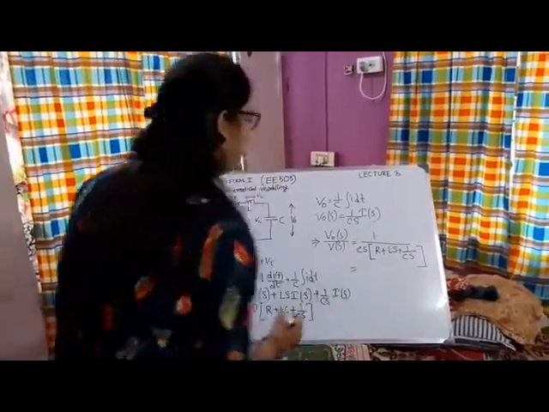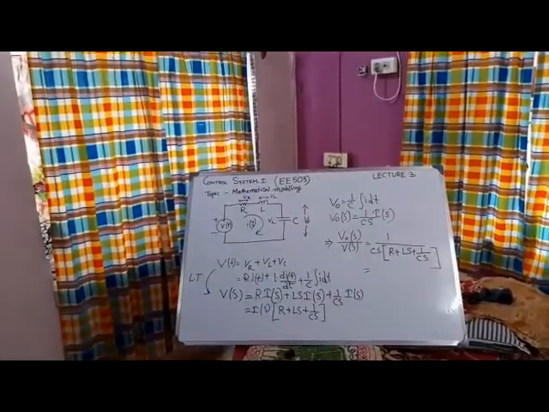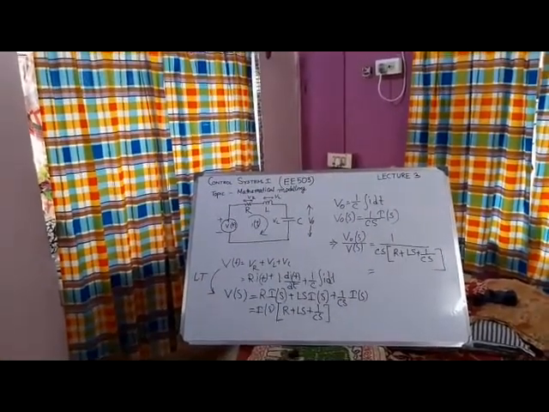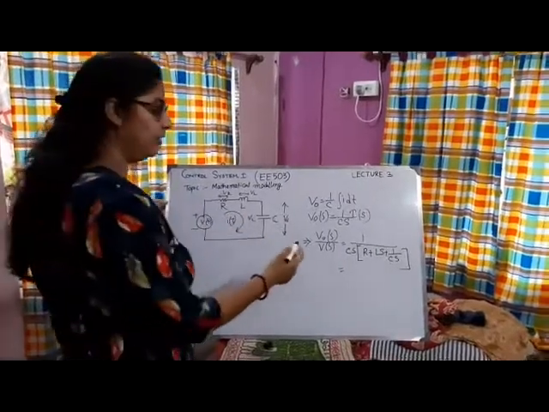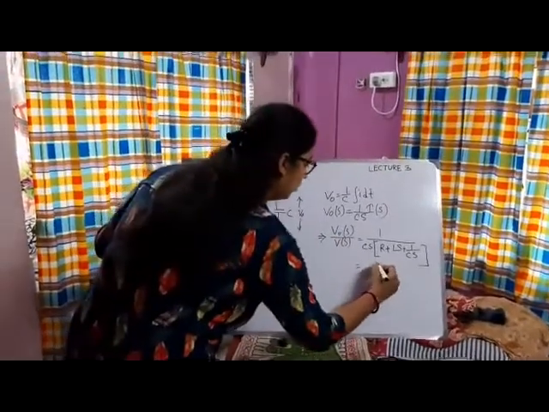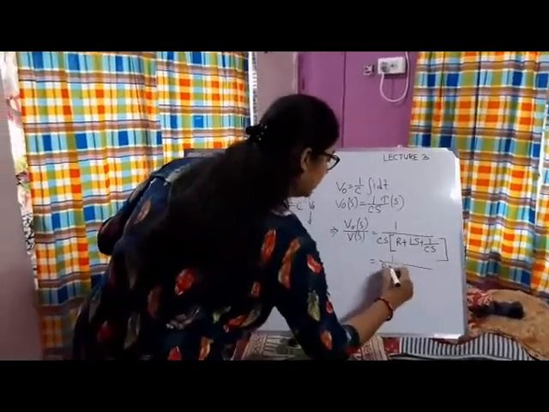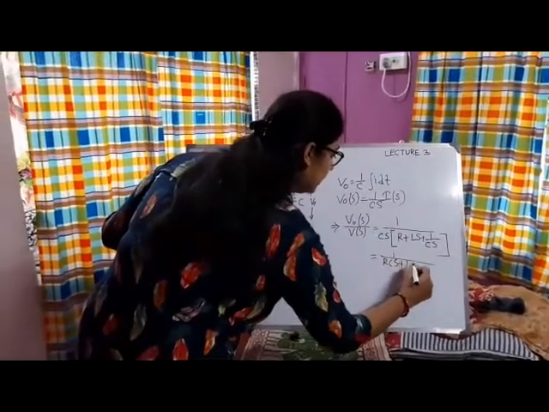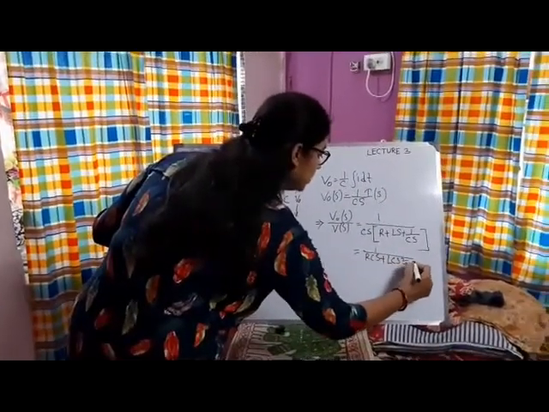So this equation can be rewritten as 1 by RCs plus LCs square plus 1.